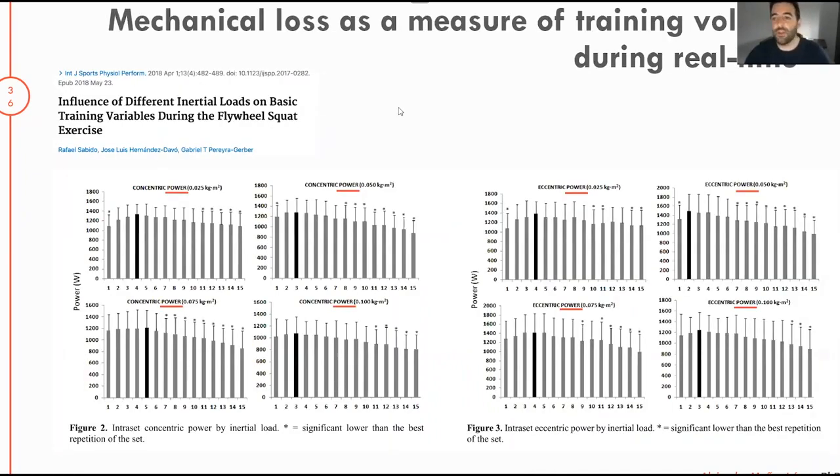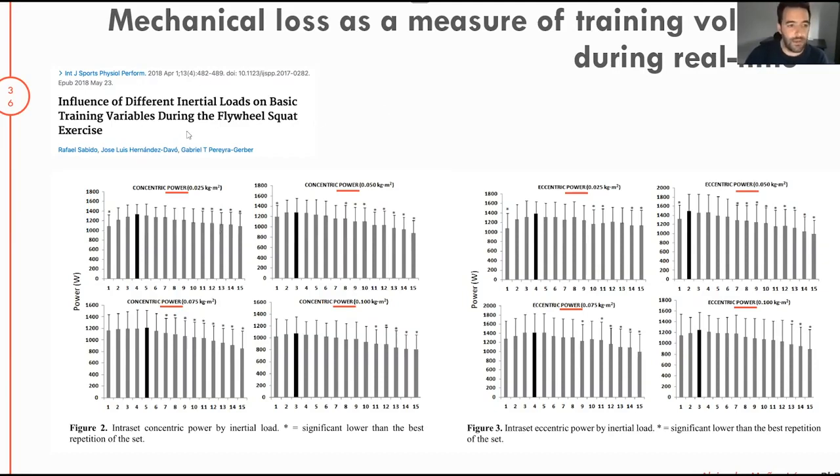If we talk now about volume, you know that there is a high trend toward velocity-based training, and that volume is not nowadays set up in resistance training programs as before. Before we said, okay, you need to perform 4 sets of 10 repetitions. Now we say 4 sets of a given percentage of mechanical loss.